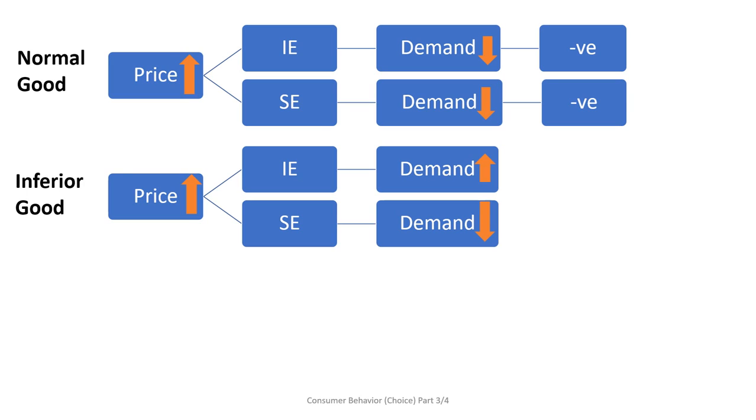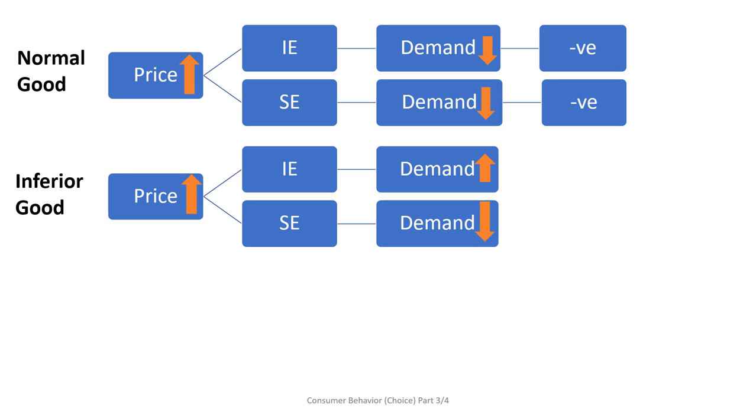Now, since for inferior commodities the income effect is weaker and the substitution effect is stronger, finally, because of the increase in the price, the quantity demanded will decrease, but not as much as in case of a normal good.